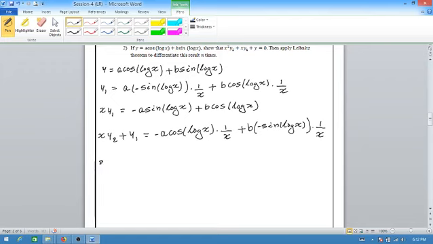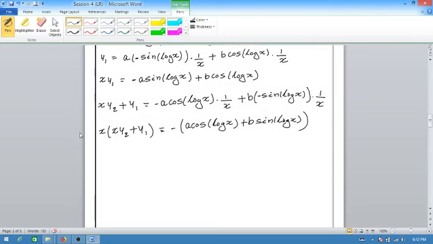So that will be x into xy2 plus y1 is equal to, in both the sides the minus sign you can take common, minus sign a cos log x, right, plus b sin log x. So you can observe here, what is a cos log x plus b sin log x? That is y. So you can replace it.